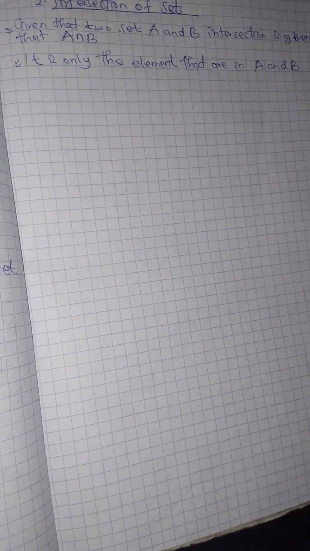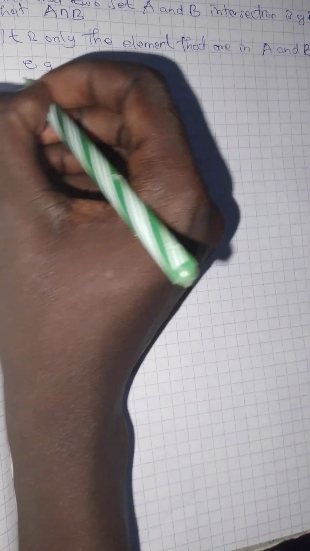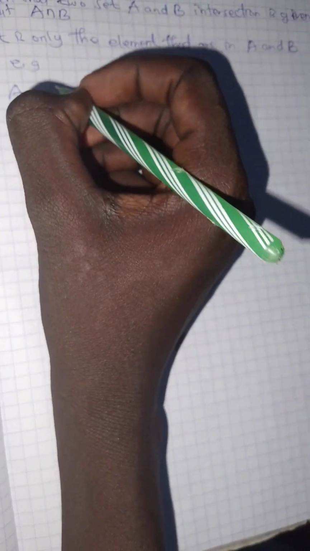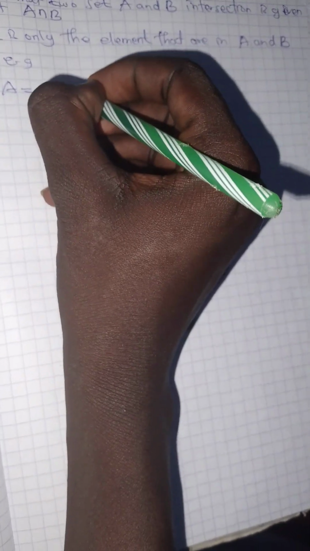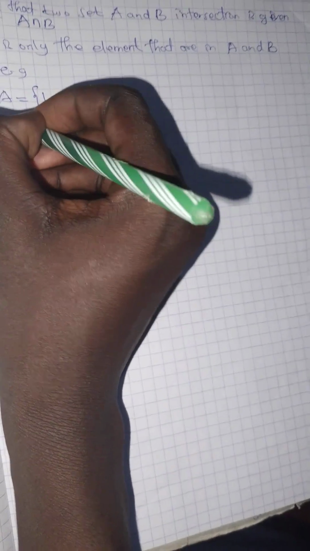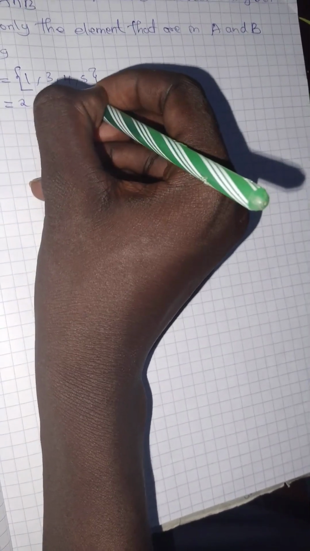For instance, let's consider a certain example here. We have a set A which has the following elements: 1, 3, 4, 5. The set B is 2, 3, 5, 7.